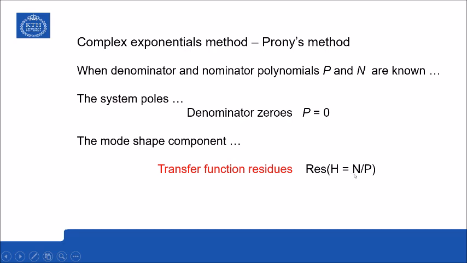If you formulate the transfer function as the ratio of the numerator and denominator polynomials and make a Laurent series expansion, the residues are the numerators in each term of this Laurent series, as we have discussed in an earlier presentation.